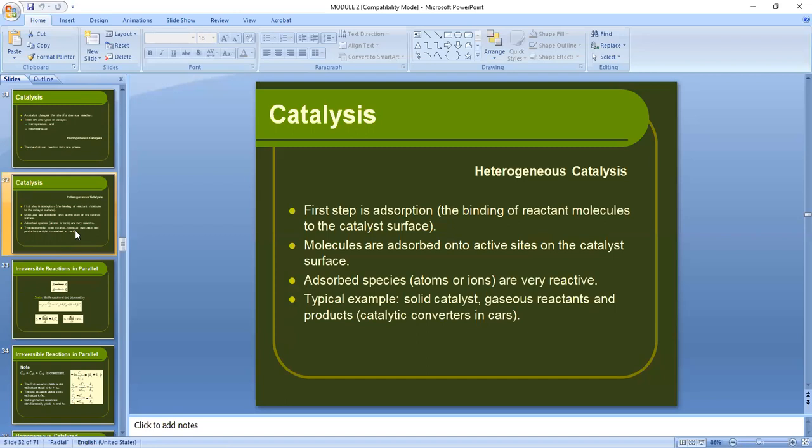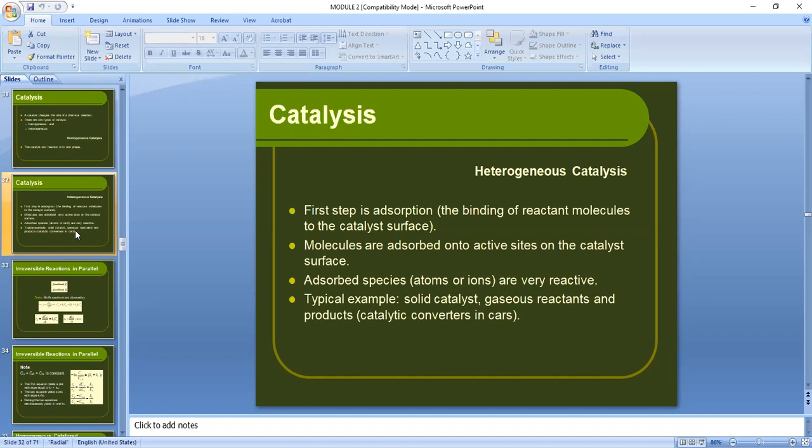The adsorbed species, the atoms or ions, are very reactive once they are adsorbed on the surface of the catalyst. A typical example is the solid catalyst in solid-liquid or solid-gaseous systems, such as gaseous reactants and products in catalytic converters in cars.